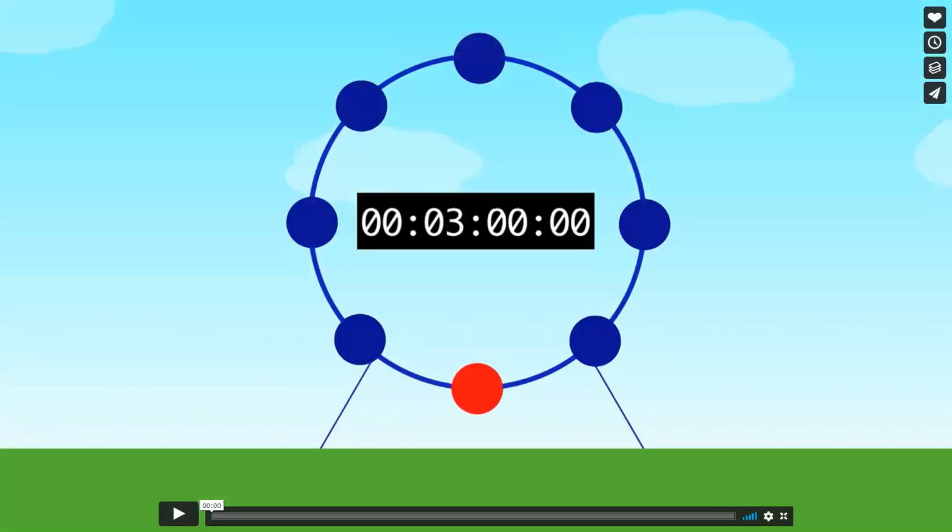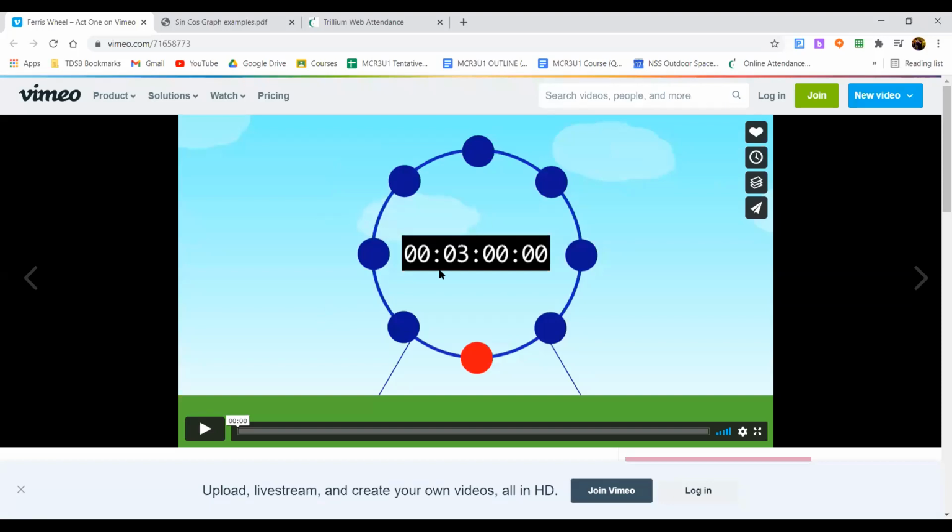As you see, this video shows a Ferris wheel, and I would like you to follow the movements of the red cart. I'm going to share the sound. It might get really loud, so you might want to put down the volume a little bit. Please take a look and see what details you can pull out.